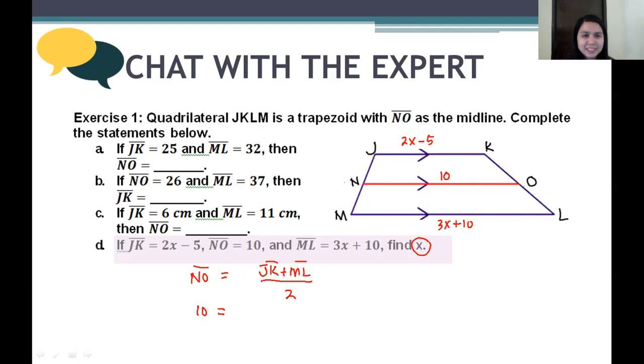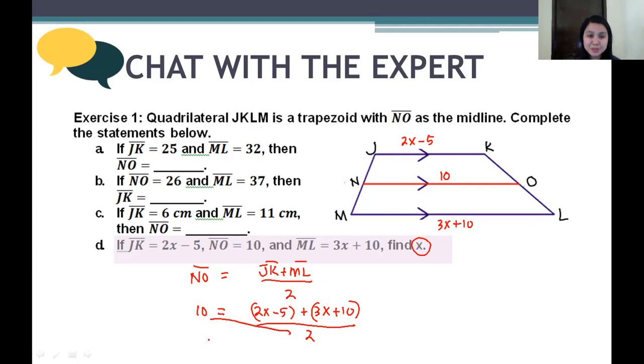We have an answer, x equals 3 by AP. Let us see. JK is 2x minus 5 plus ML is 3x plus 10, divided by 2. Let us see other answers. You simply cross multiply it.